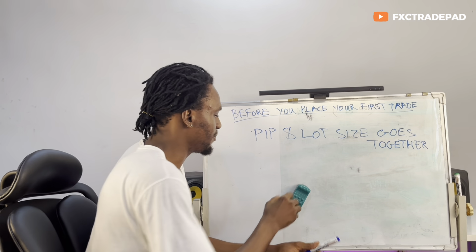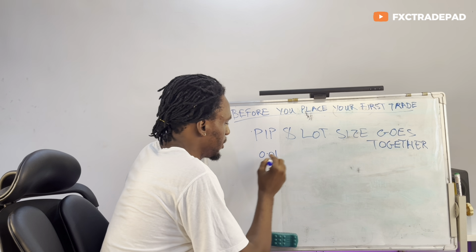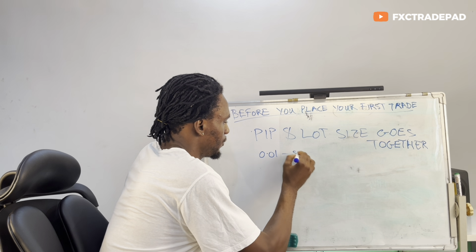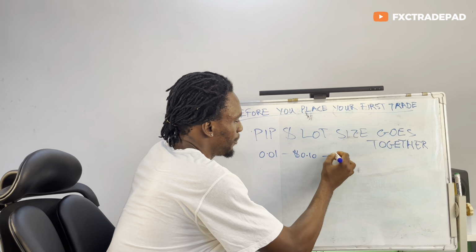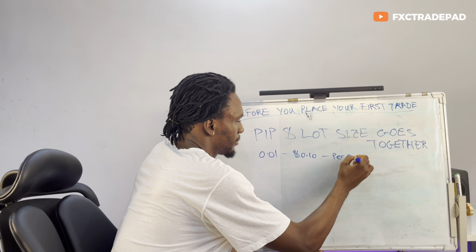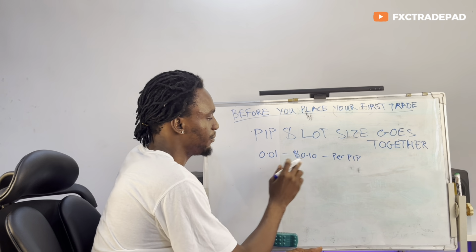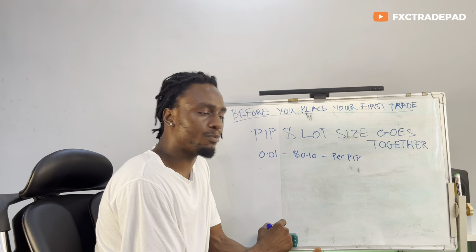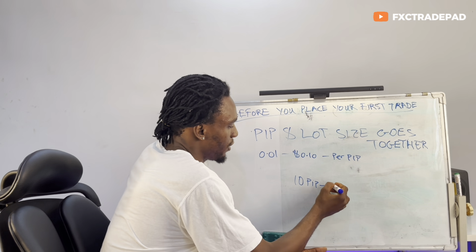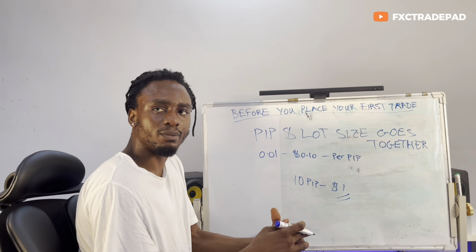Just like in the previous example, 0.01 lot is going to give you 10 cents per pip. So for you to make $1 profit, you need to target 10 pips, because 10 pips is equivalent to $1. You see how the two of them move together.